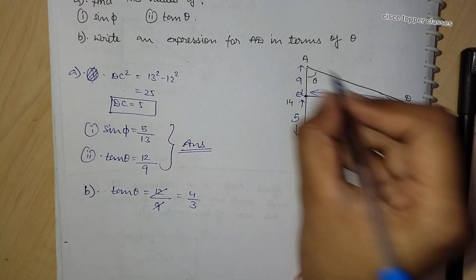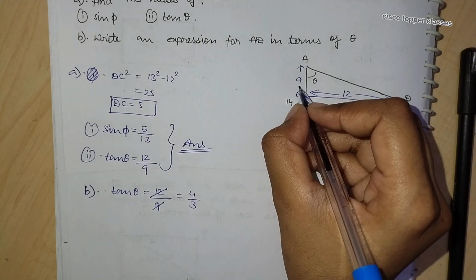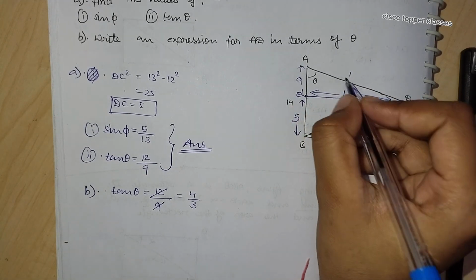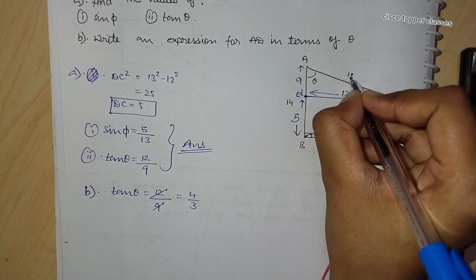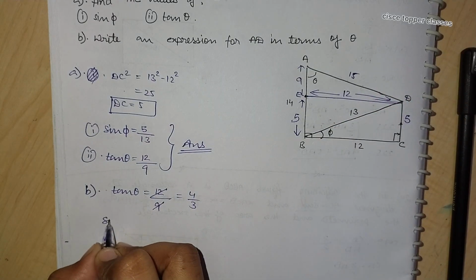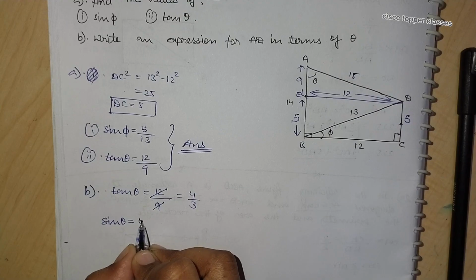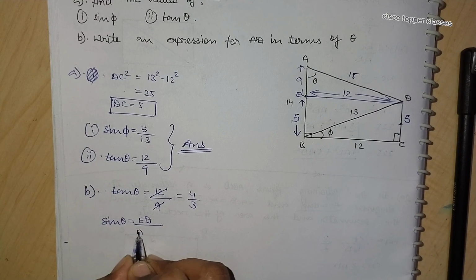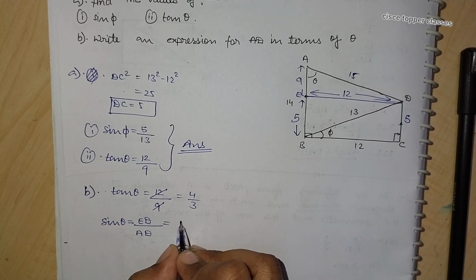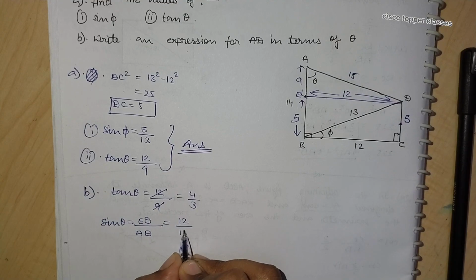And we can find the hypotenuse here. AD will be 12 square plus 9 square, so the hypotenuse is 15 here. Now we will find the value of sine theta, which will be perpendicular here, ED divided by hypotenuse AD. So here we can write this as 12 by 15.